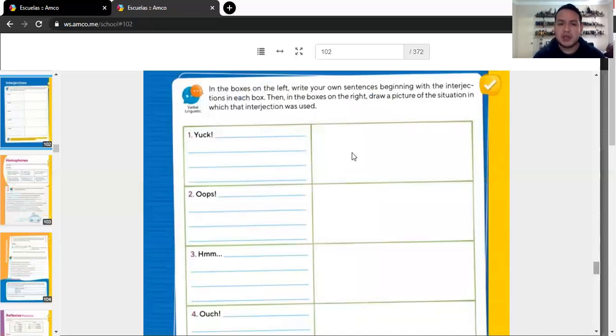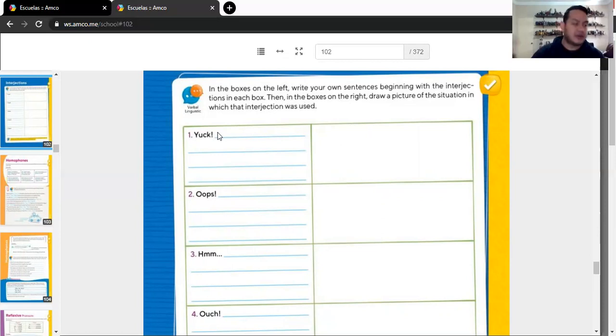Look at the instruction. In the boxes on the left, write your own sentences beginning with the interjection in each box. You already have the interjection. All you have to do is write a sentence that follows it. Then in the boxes on the right, draw a picture of the situation in which that interjection was used.